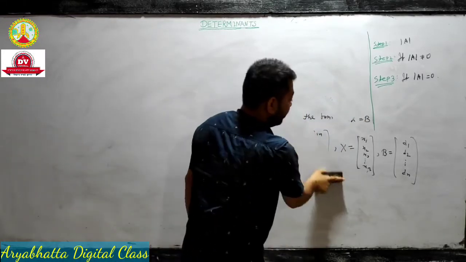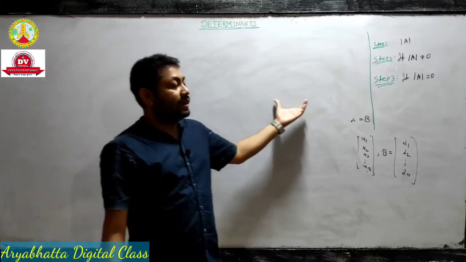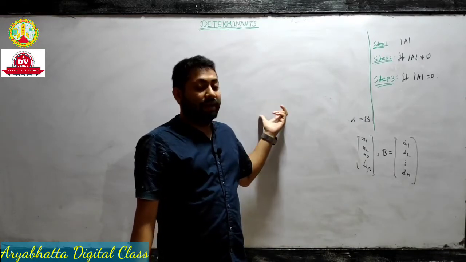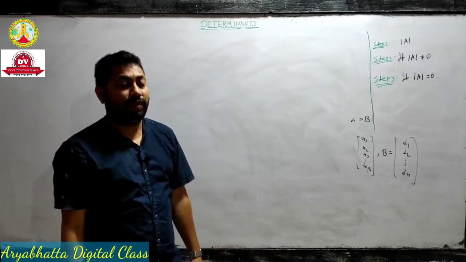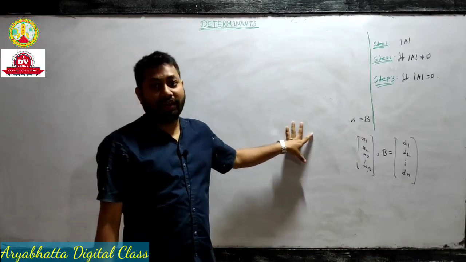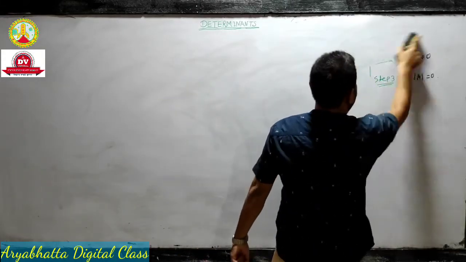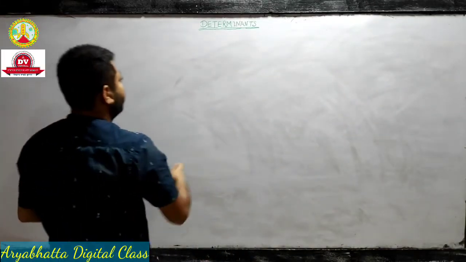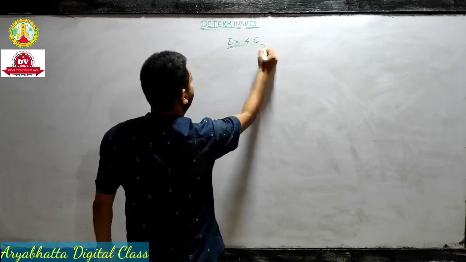A system is said to be consistent if the solution exists, and a system of linear equations is said to be inconsistent if the solution does not exist. Now we will discuss exercise 4.6.